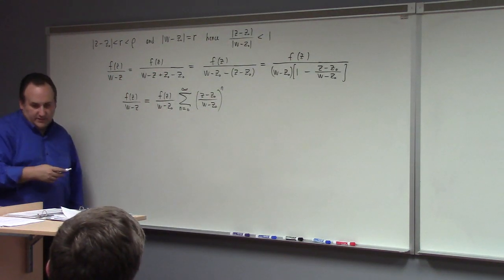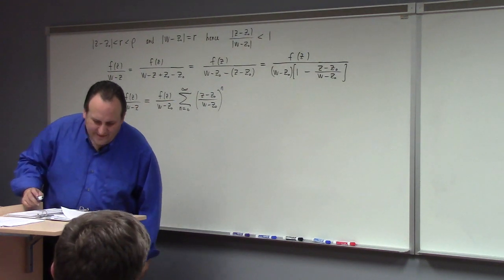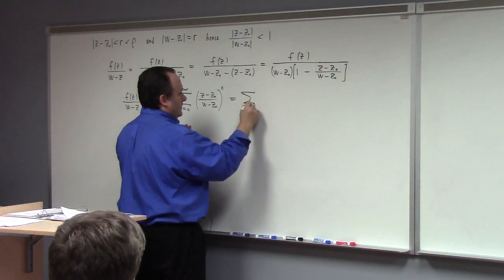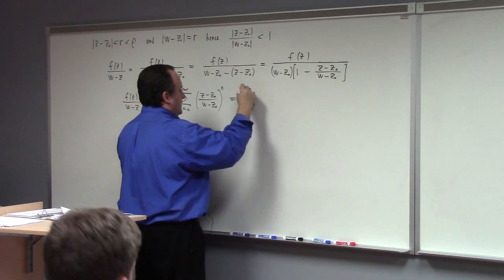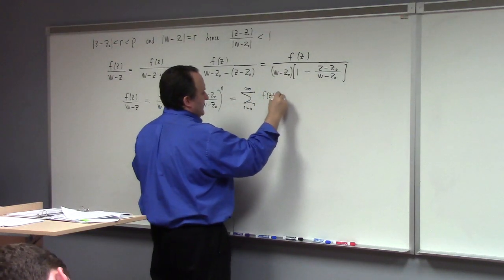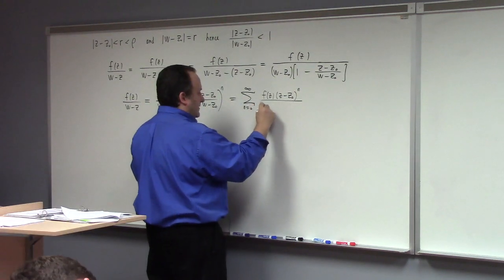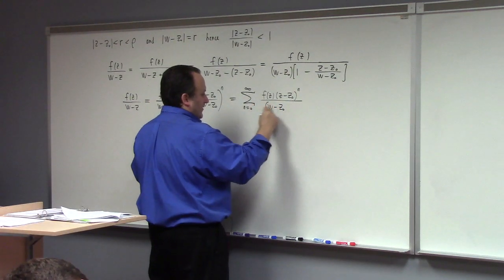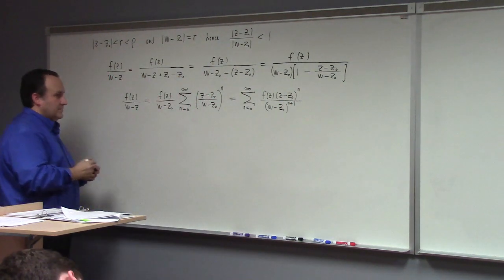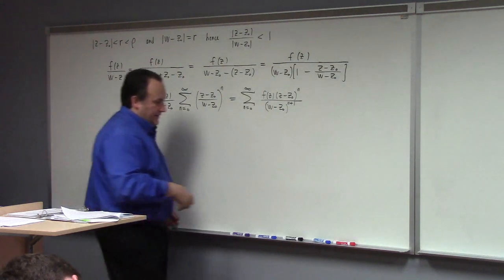So then what we're going to do is simply integrate this thing. I guess I can do one more step. So this would be the same as the sum n equals 0 to infinity of f of z times z minus z naught to the power n divided by w minus z naught to the power n plus 1. Great. So take this thing and integrate.